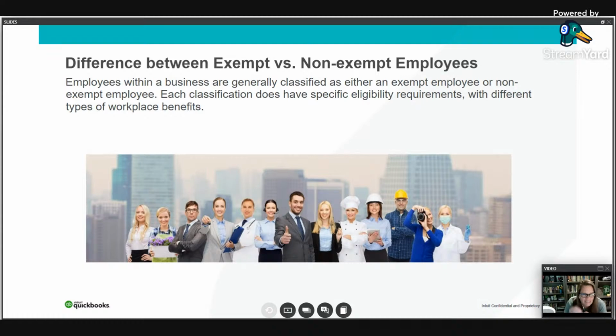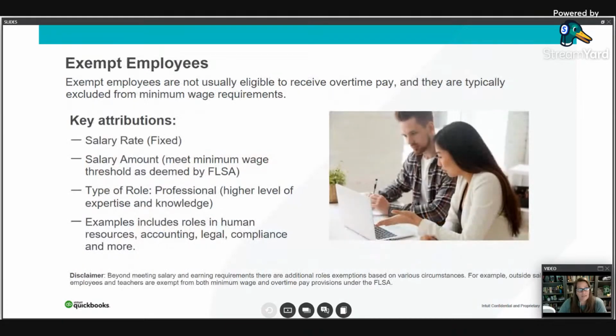So the key difference between an exempt and a non-exempt employee is that non-exempt workers are entitled to certain protections under the FLSA, the Fair Labor Standards Act. This is a federal law that sets minimum wage and overtime requirements, and although it has evolved since its passage in 1938, one thing remains the same: employers must classify their employees correctly or you're going to end up paying some compliance violations.